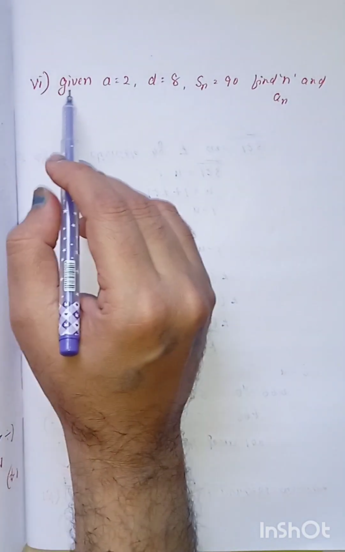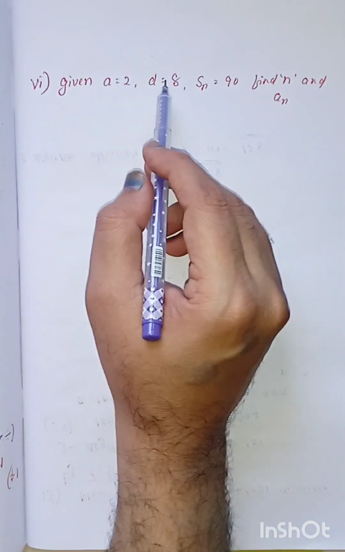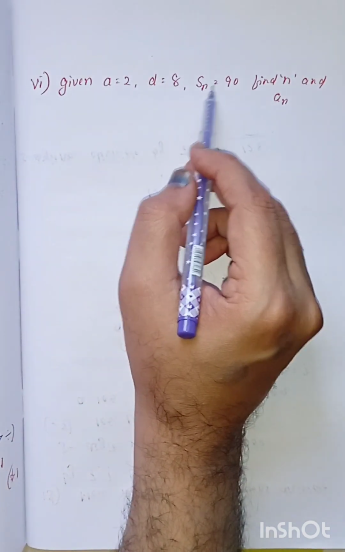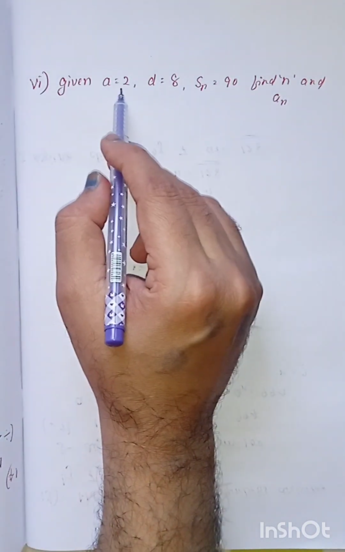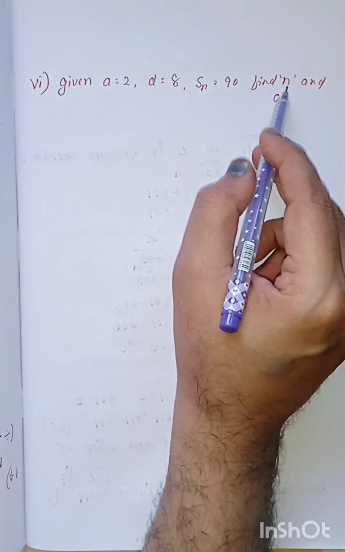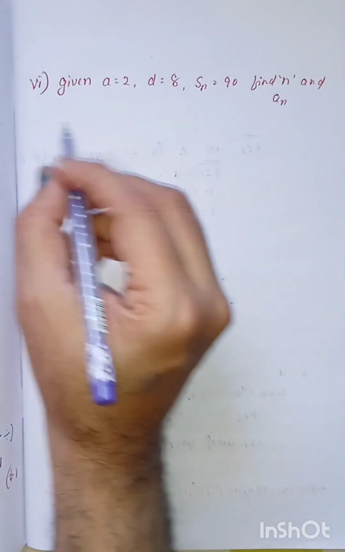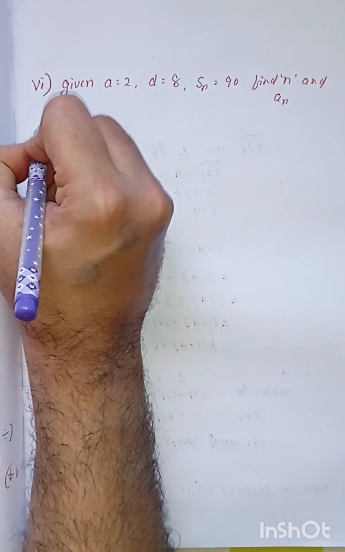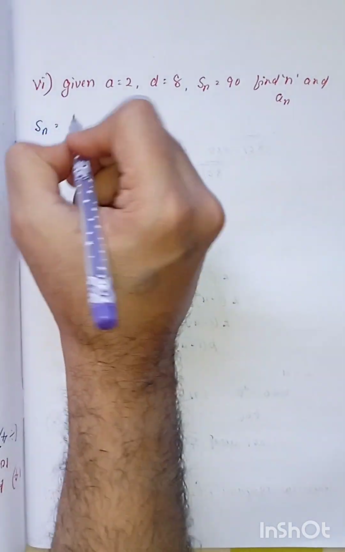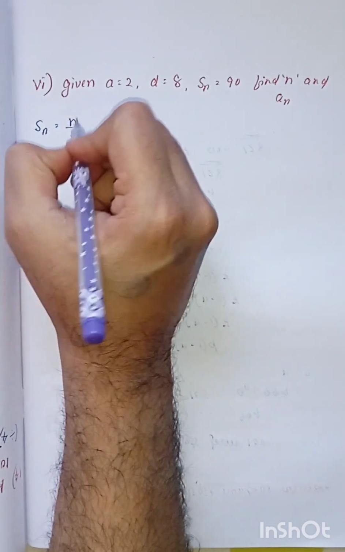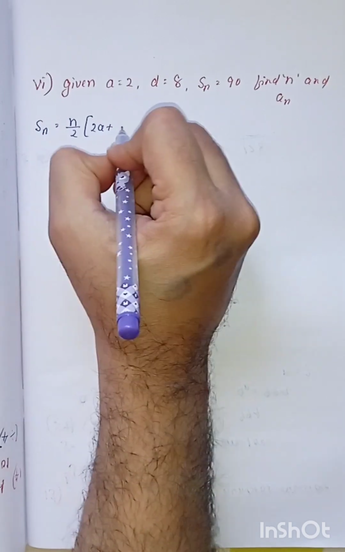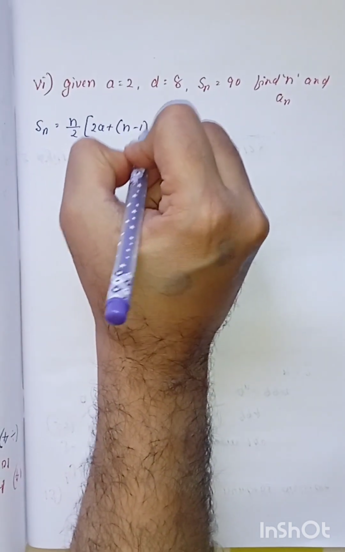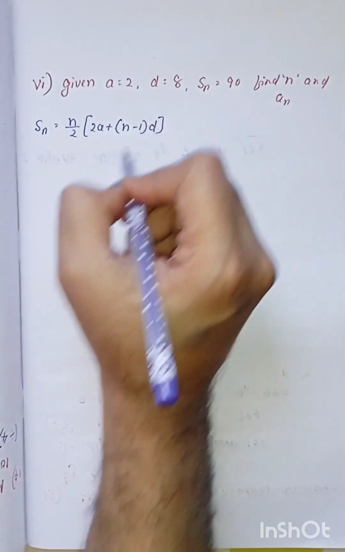Now the sixth problem, given a equals 2, d equals 8, Sn equals 90, find n and an. With the help of this information we have to find out n and an. Let's start from Sn equals n by 2 into 2a plus n minus 1 into d.